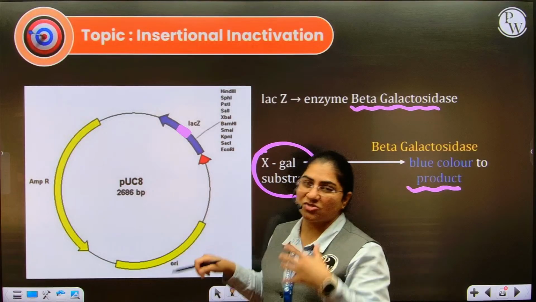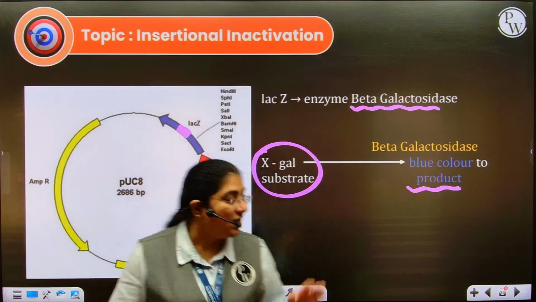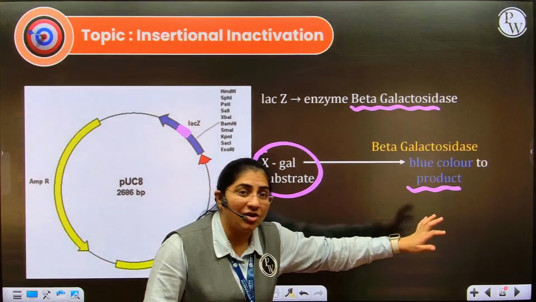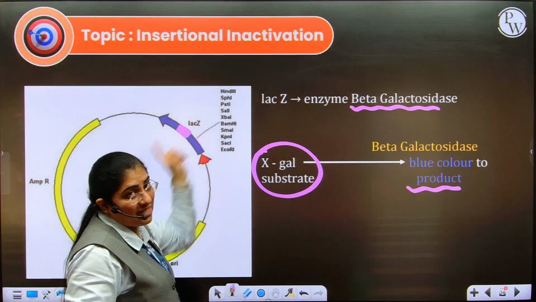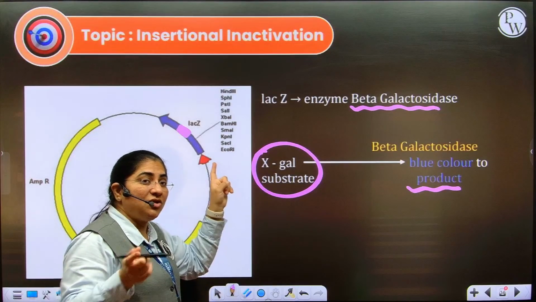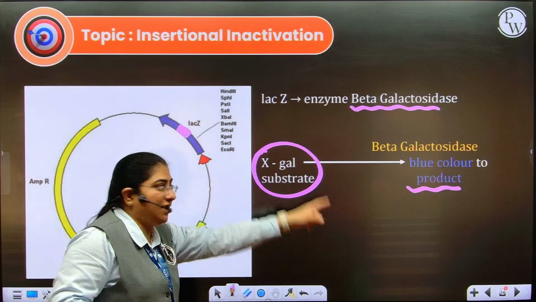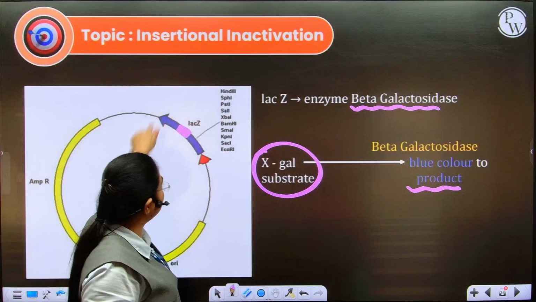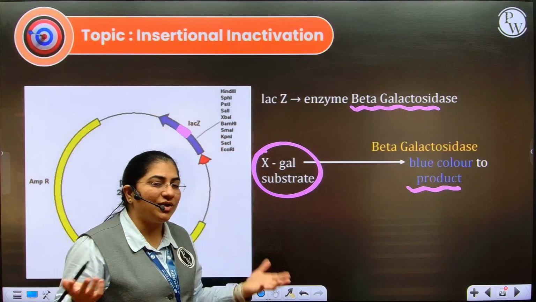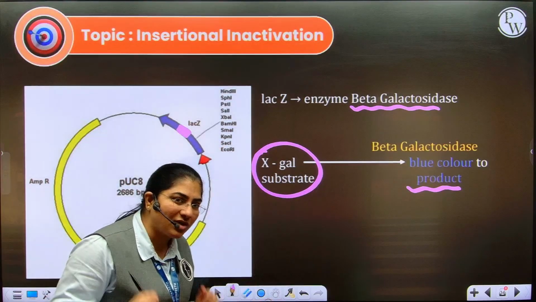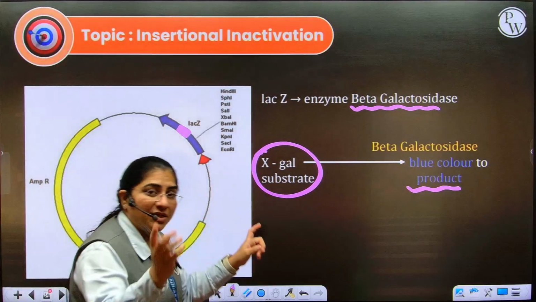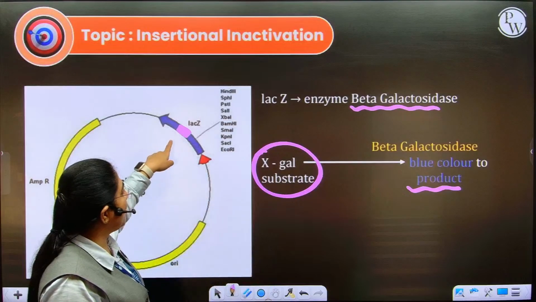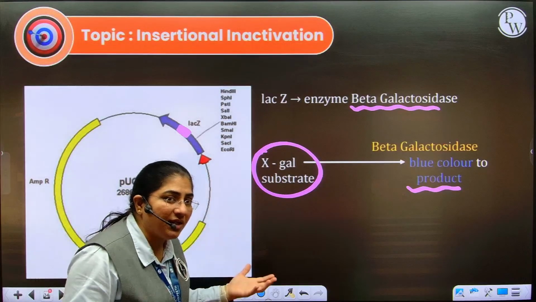No. If it does not produce beta-galactosidase, will it produce blue colonies? No. Meaning, the bacteria which have recombinant DNA will not produce a blue colony, and the ones which have non-recombinant DNA will produce a blue colony, isn't it? So recombinant means no blue color, meaning white color, and non-recombinant means blue color.